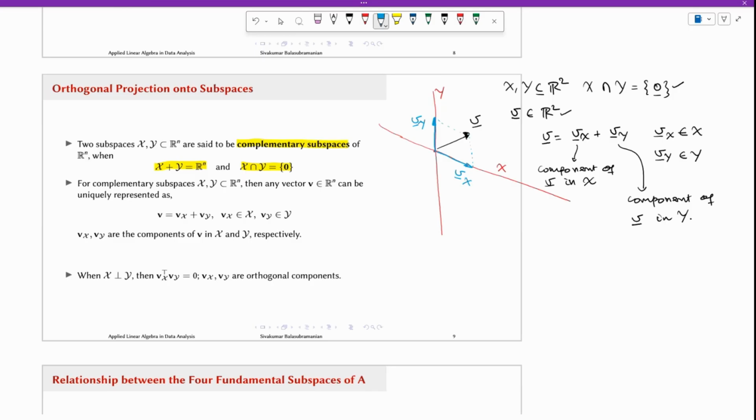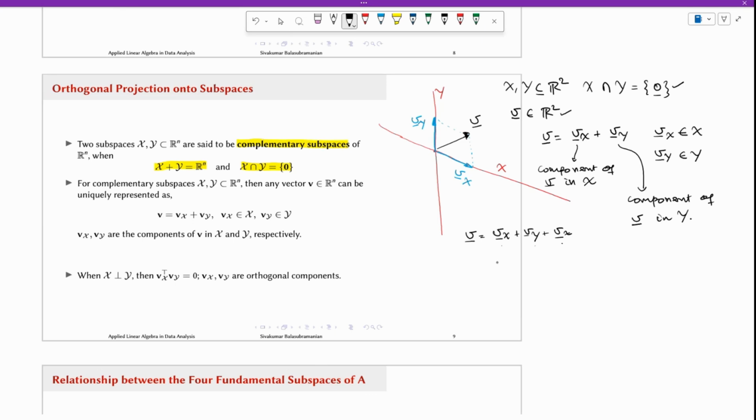Now, if you have R3, let's say we have three complementary one-dimensional subspaces. You can similarly write your vector V as a sum of three components. In fact, what if I have two complementary subspaces in R3, where one is a plane, the other is a line?